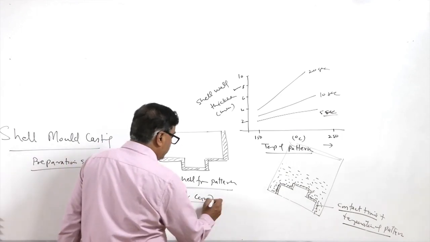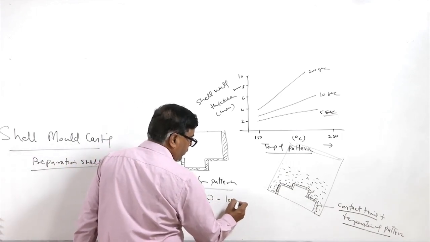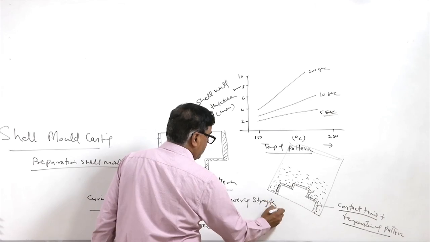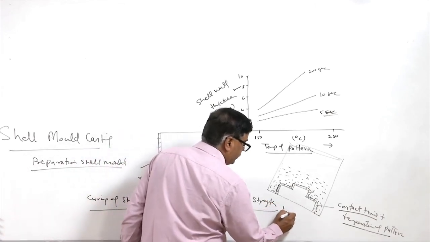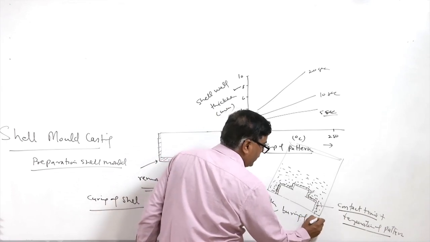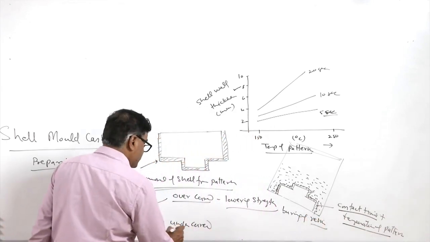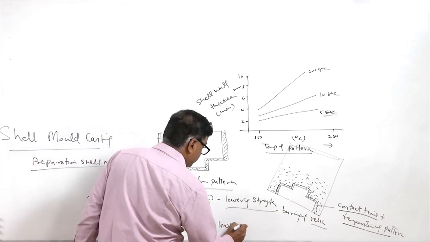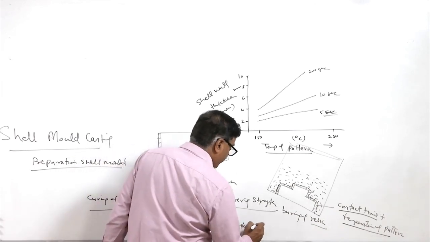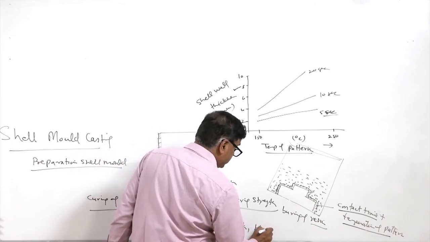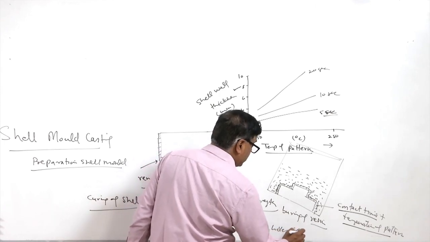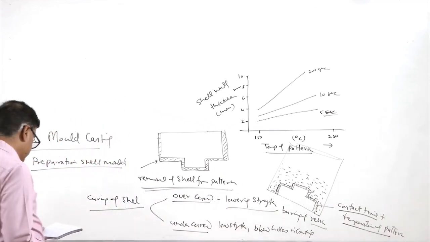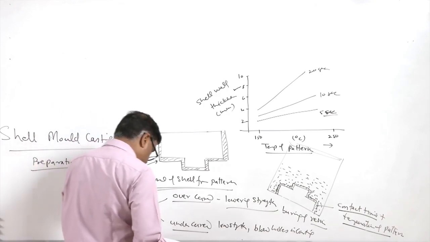So, in case of over curing, it will be lowering the strength of the shell because of the burning of the resins, and in case of under curing, not just low strength, but it also leads to blow holes in the casting. So, it is desired that things are properly cured.